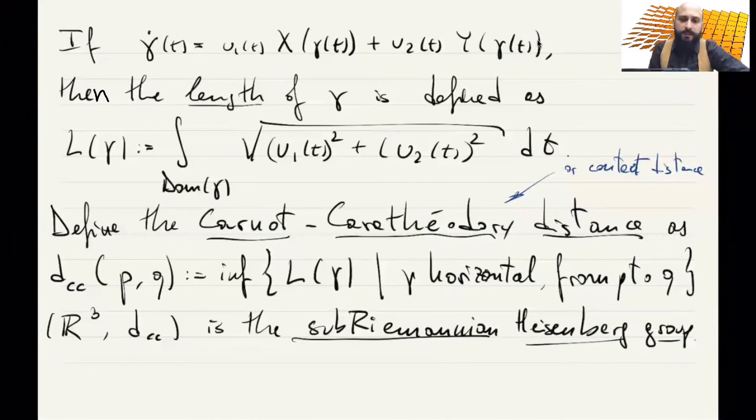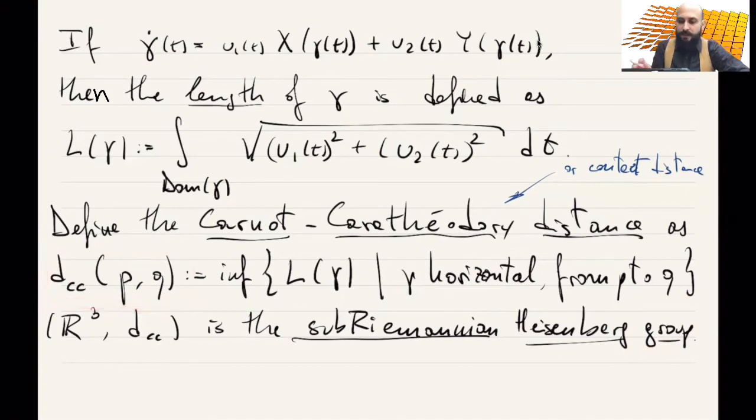I will open a parenthesis to explain why this distance is adapted to the group structure. In other words, the geometry is invariant under the left translations of the group structure, and therefore left translations act as isometries with respect to this distance.